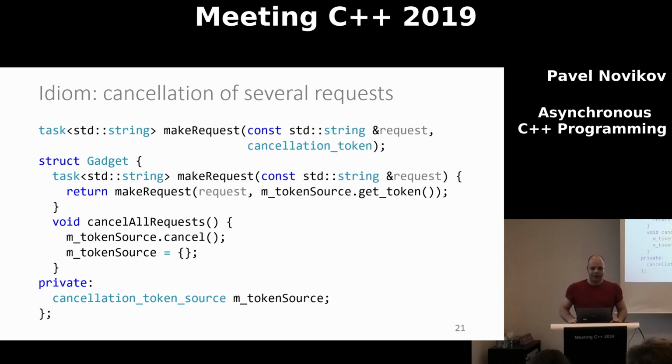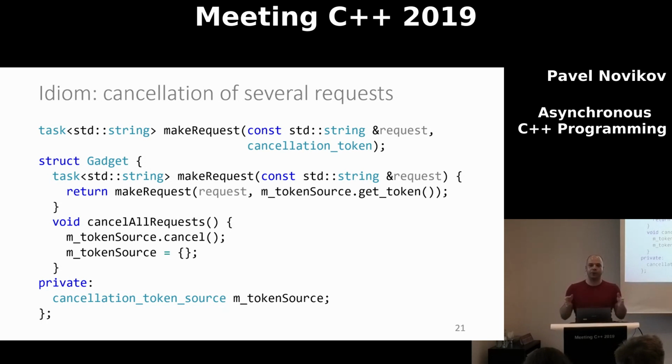The next idiom is cancellation of several requests. This situation happens when you want to schedule several requests, asynchronous tasks, and you want to cancel all of them, all the requested operations. In this situation, you want to have a cancellation token source from which you get cancellation tokens.